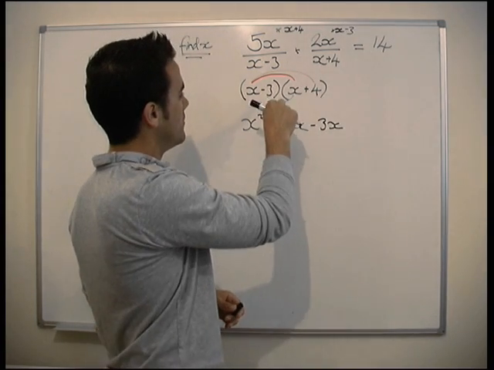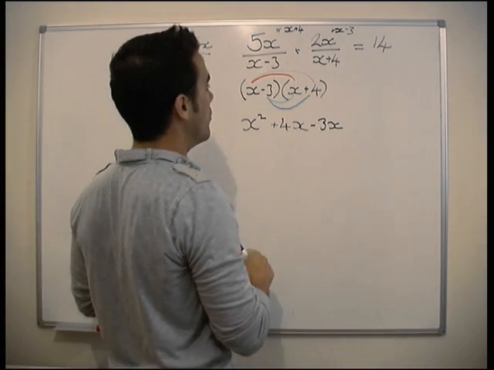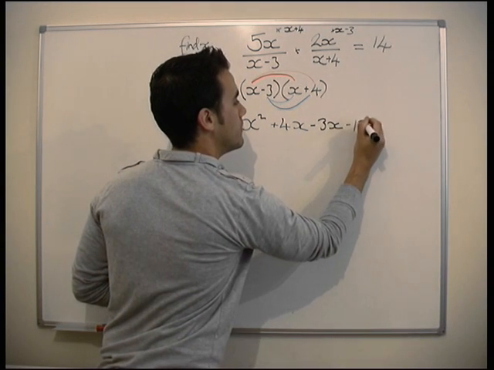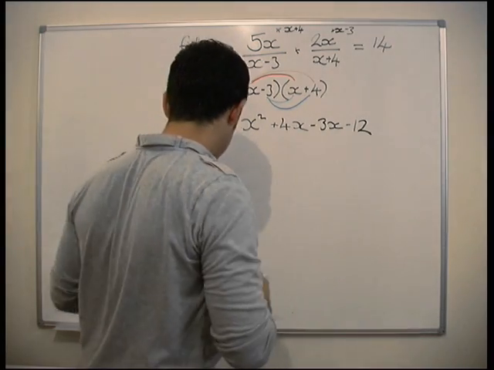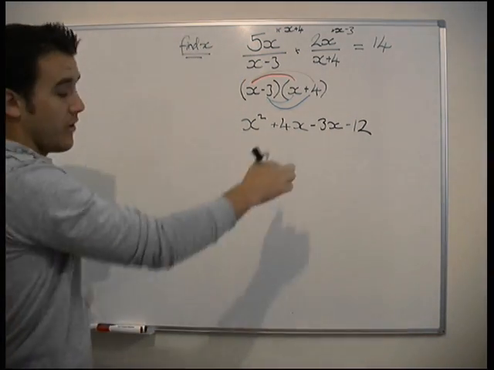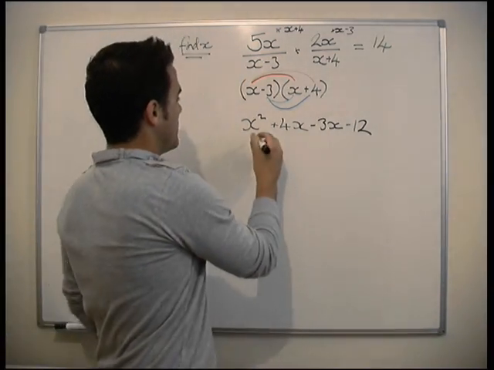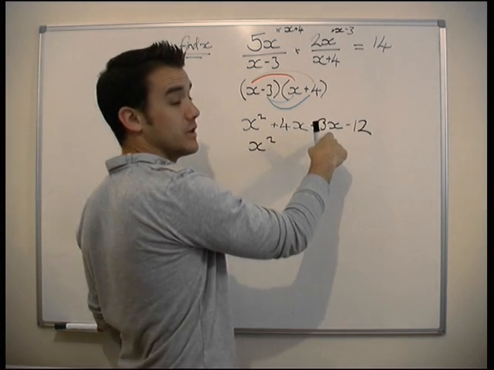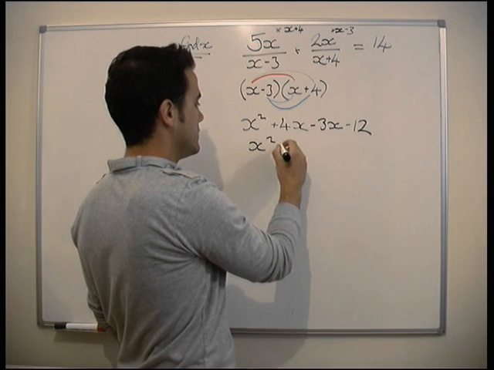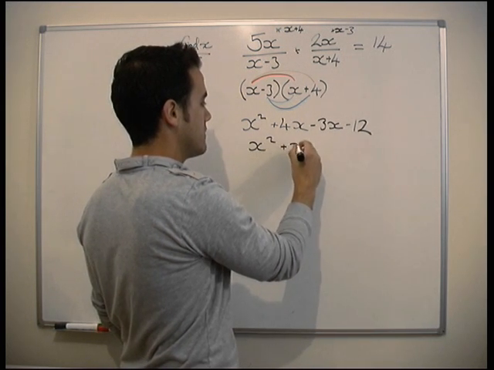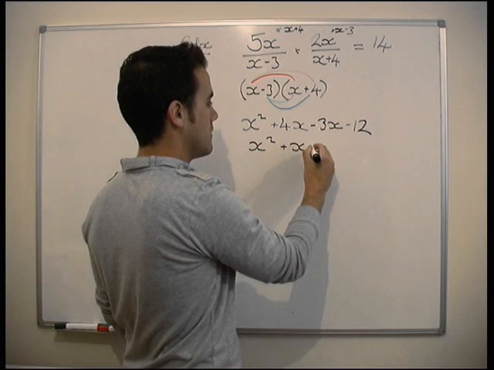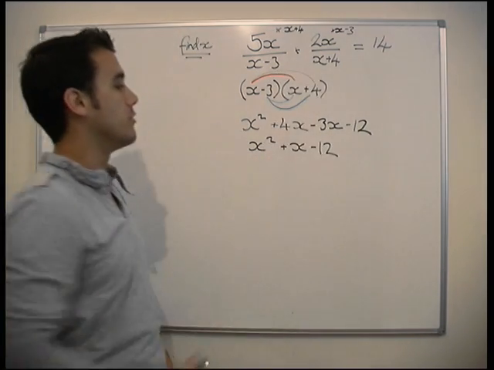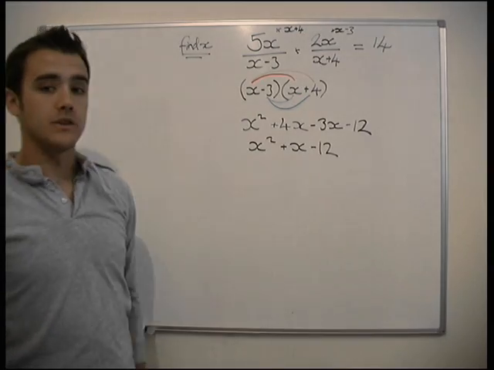And then we do minus 3 times 4, which gives us minus 12. So we can simplify that. We end up with x squared plus 4x minus 3x, which gives us x, so plus x minus 12. That's going to be on the bottom of each fraction.